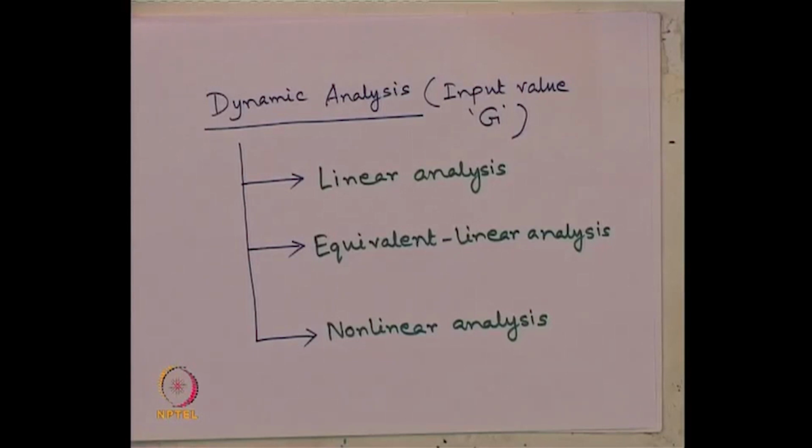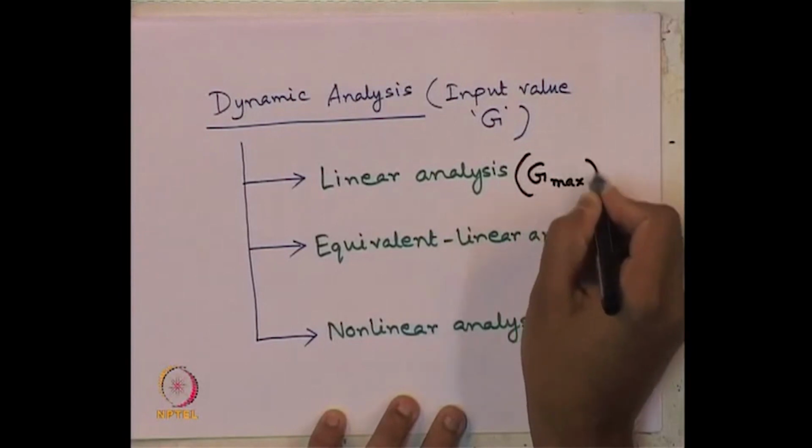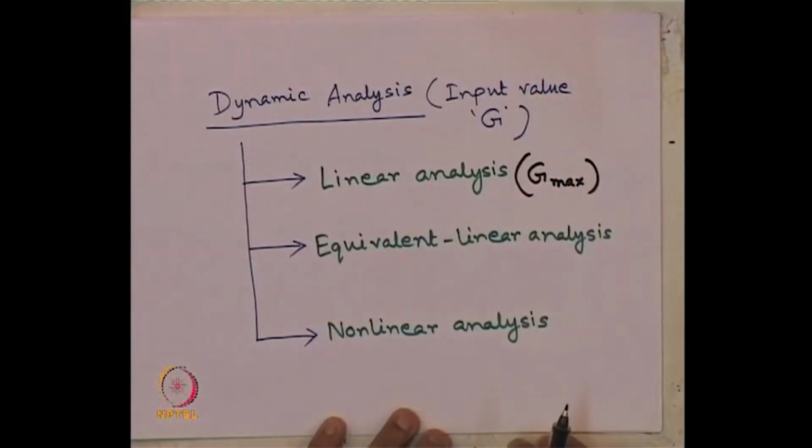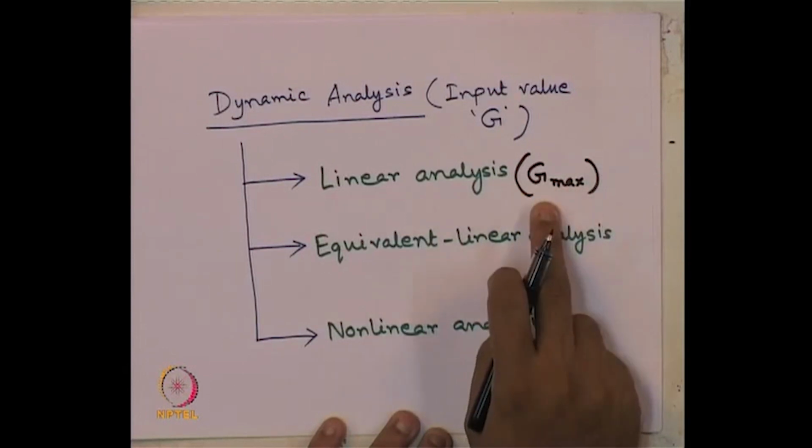We call the analysis a linear analysis when we are using the value of G as G max, because for a particular soil this is the only modulus which is not changing, and G max is that value of the shear modulus in which the soil remains in the completely elastic zone, because this modulus is at very low strain level.